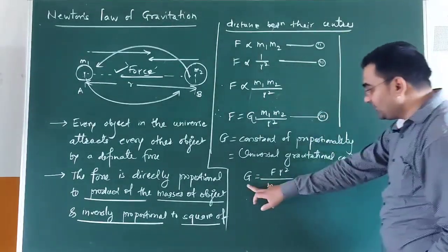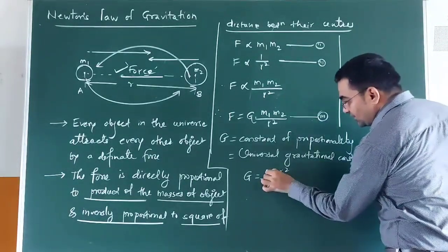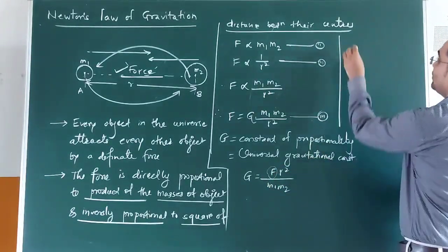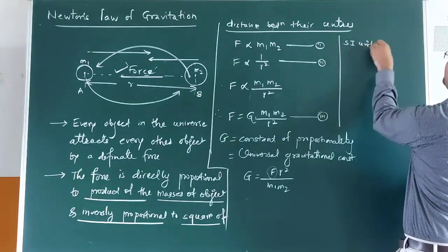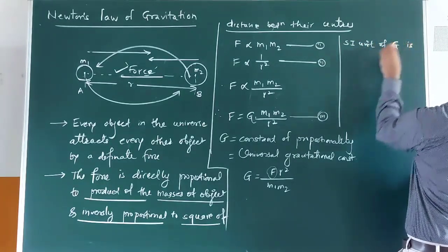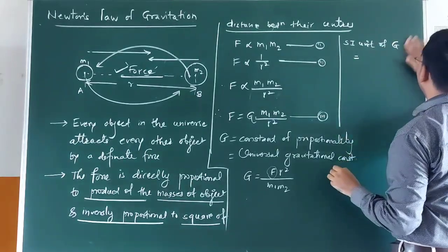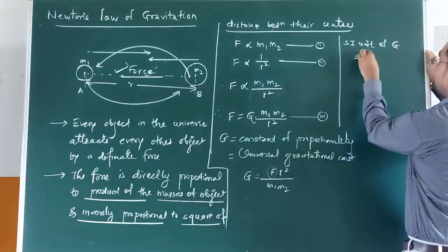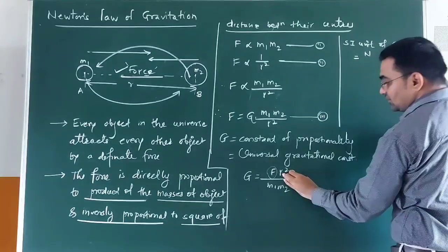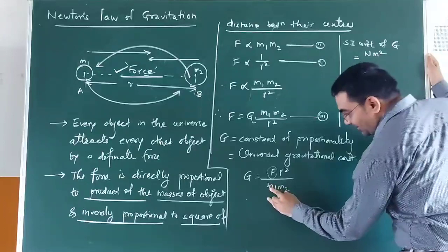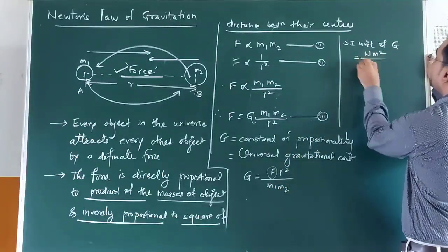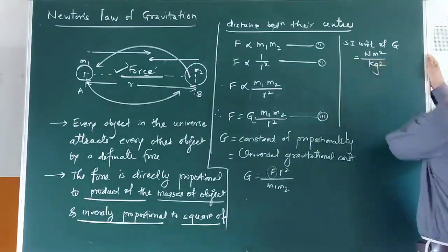So using this again I can find the SI unit. Look at this. F is force, and the unit of force is Newton. So the SI unit of G is force, that is Newton, distance squared, that is meter square, divided by mass into mass, that is kilogram into kilogram, that is kilogram square.